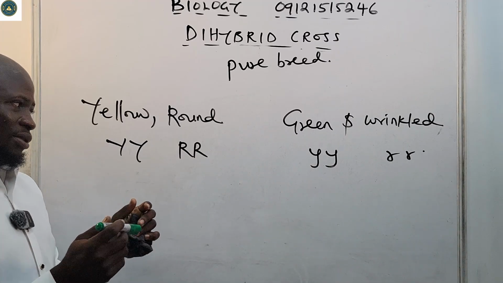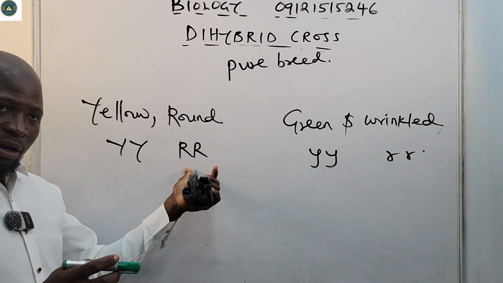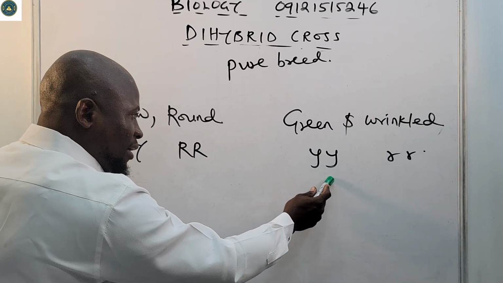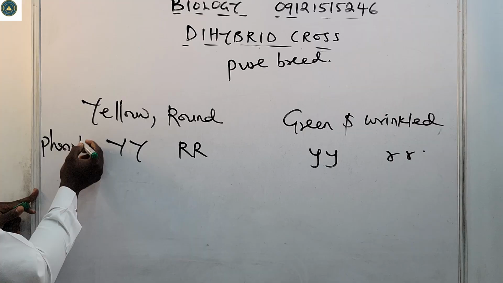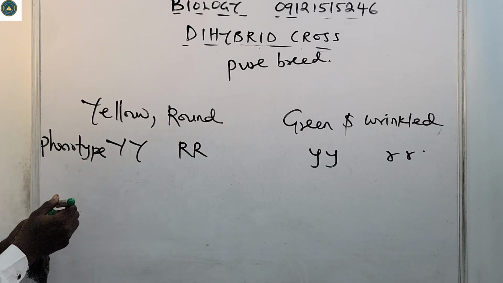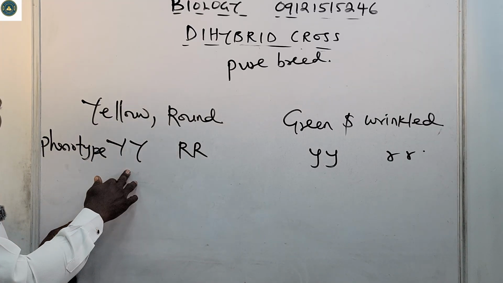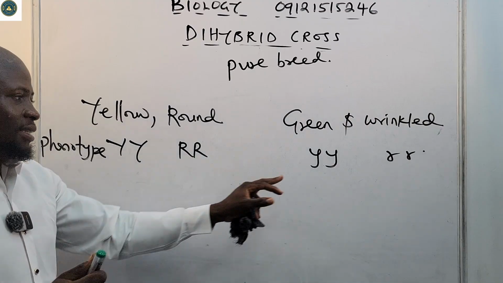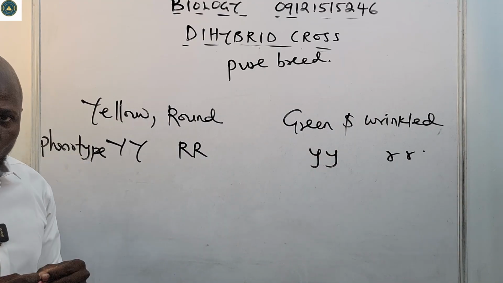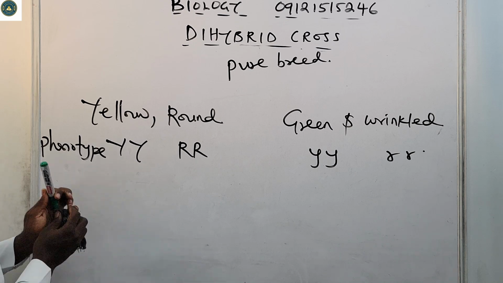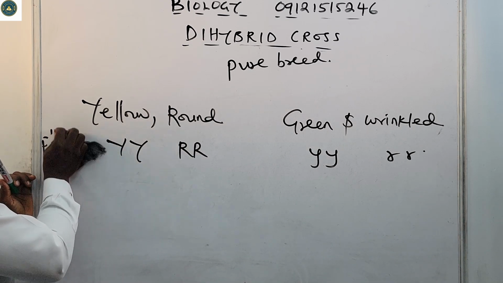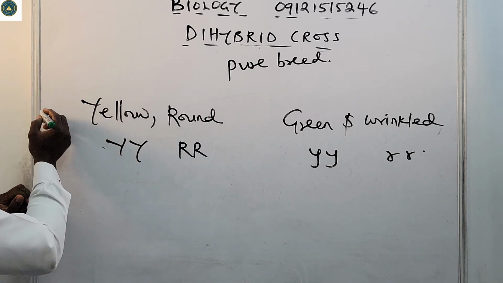This is what we are seeing: it is yellow, it is round, it is green, it is wrinkled. So then, what are the gametes? Sorry, this is not the genotype. What we are seeing, yellow and round, is the phenotype.